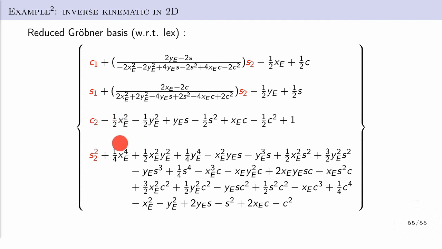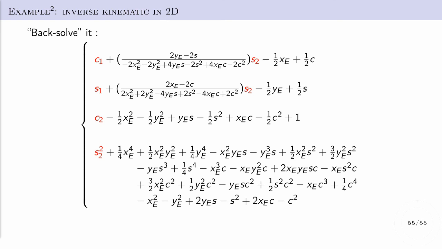We minimalize and reduce this Grobner basis, so we arrive at this system of generators, and we write it as a system of polynomial equations, and observe that this system, although it is very big, may look intimidating, but in fact it is very simple, because the only variables that we need to solve are marked in red. These are S2 square, so square of sine of phi 2, this is cosine.